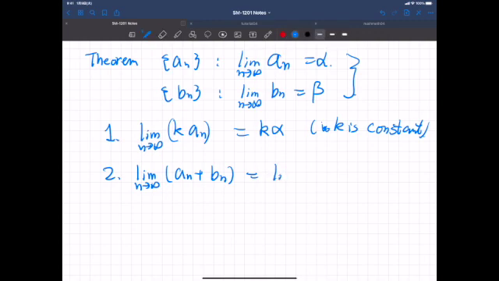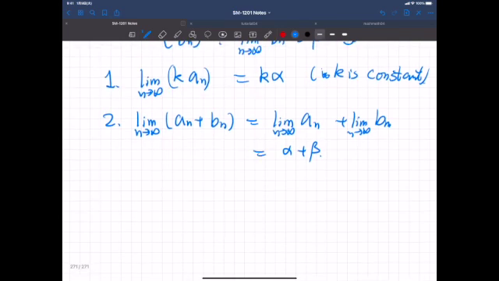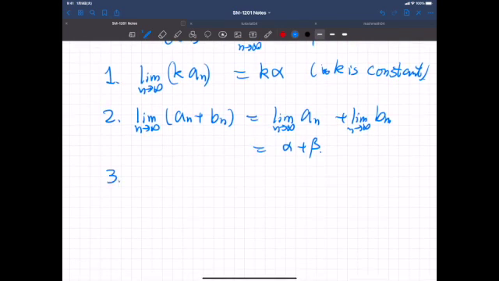Maybe I should write it this way: limit of an plus limit of bn, which is alpha plus beta. And third, the limit of a product is the product of limits.